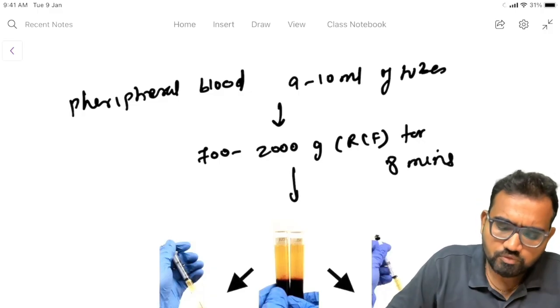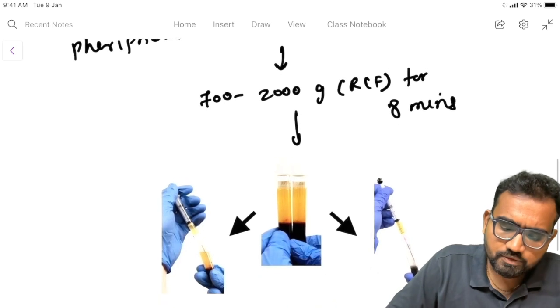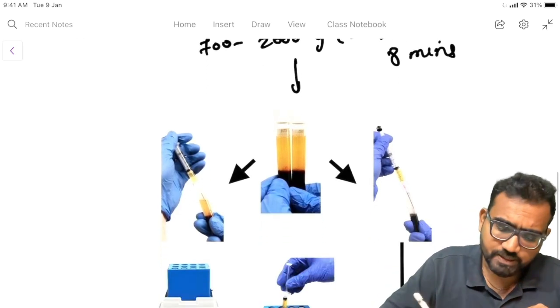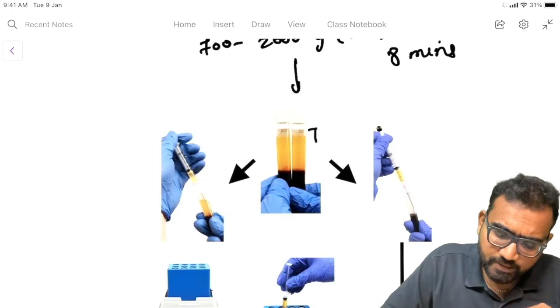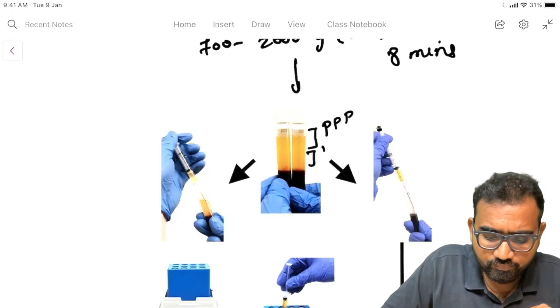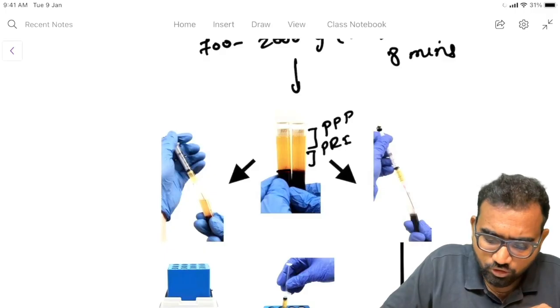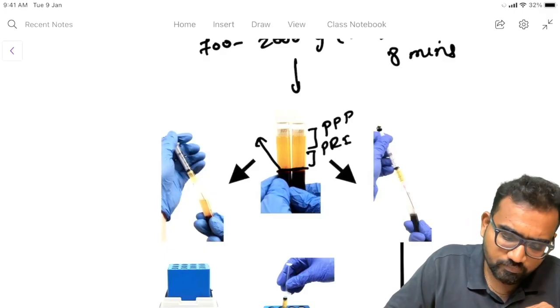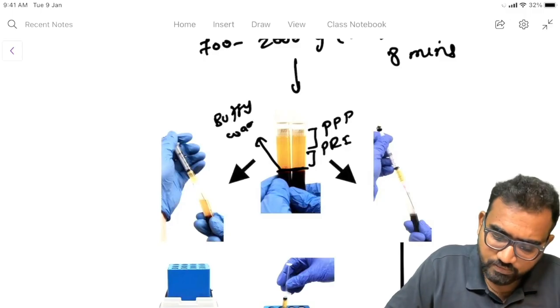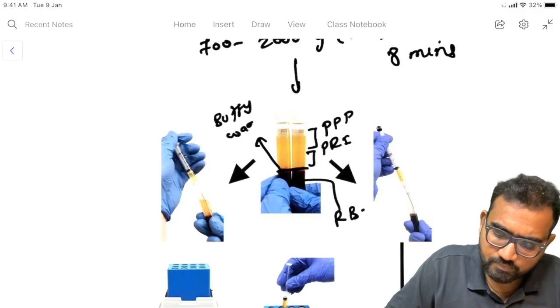Once I centrifuge it at this speed, I am going to get a PRF. I can see the top layer will be the PPP layer, then I will have PRF, then a small buffy coat, and then I will have the RBCs.